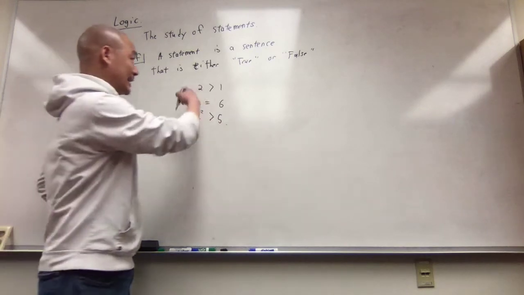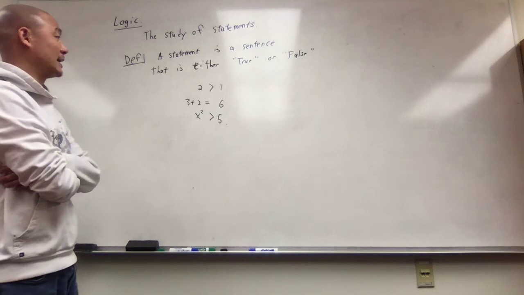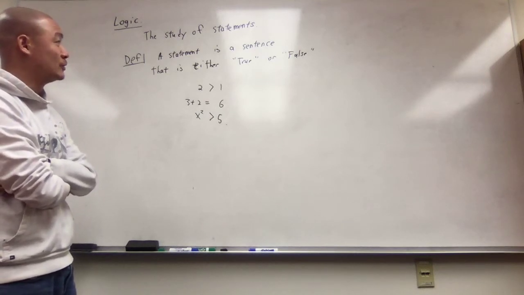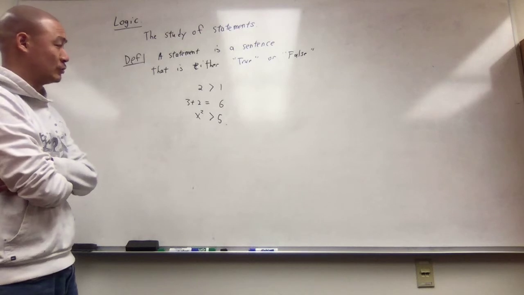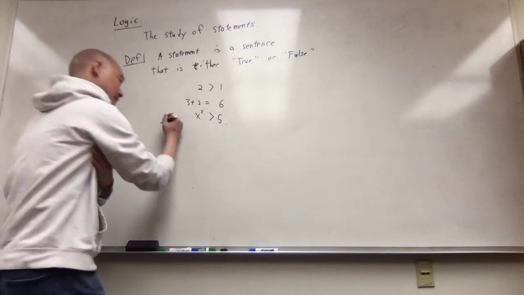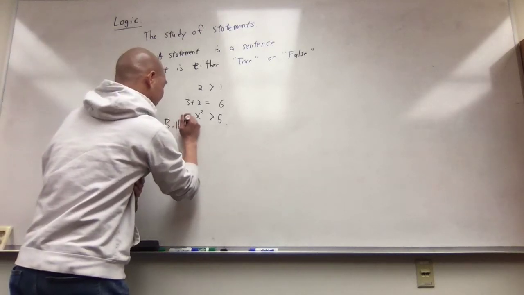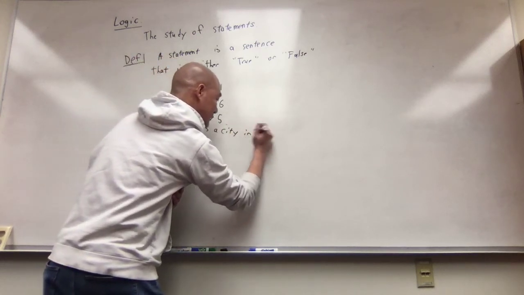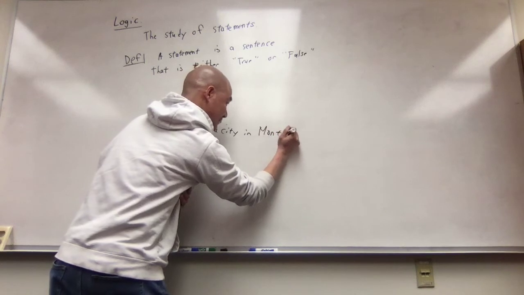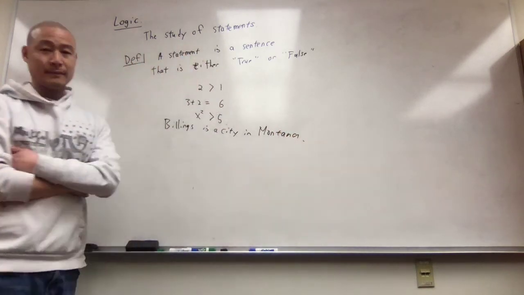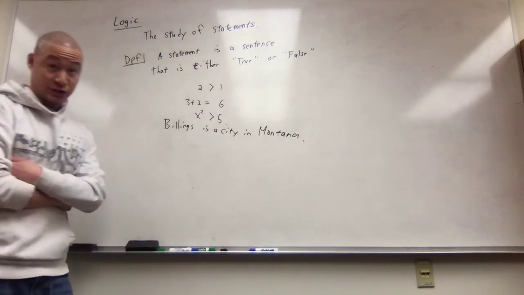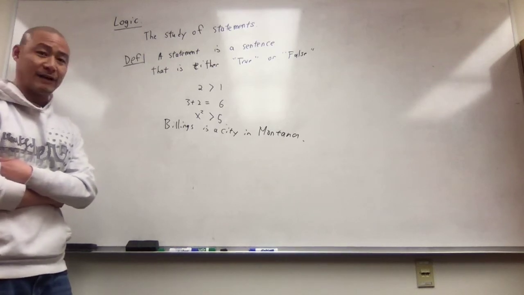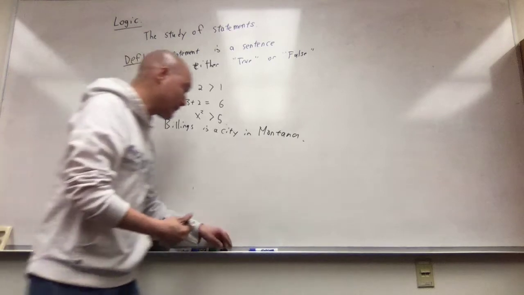So a statement is any sort of sentence that is either true or false. And like I mentioned, we don't have to limit ourselves to just statements about numbers. Billings is a city in Montana is certainly a statement and it certainly takes on the value of either true or false.